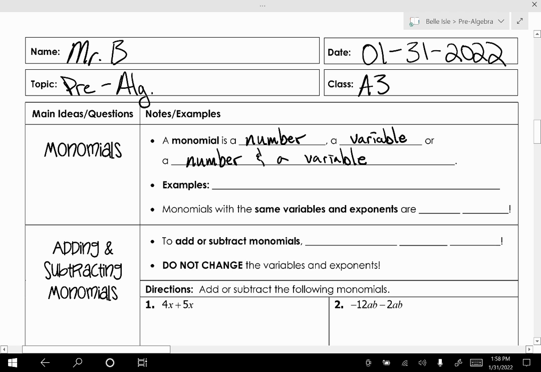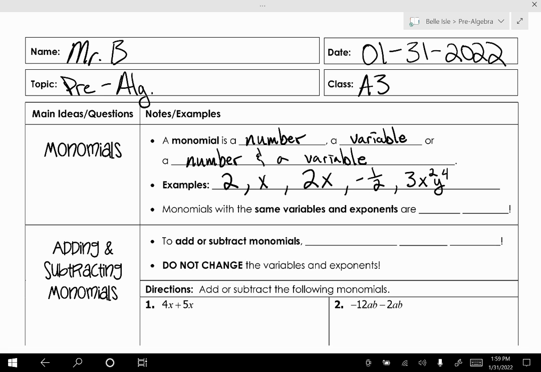Some examples: 2, x, 2x, negative 1/2, 3x squared y to the 4th. All of those are monomials.